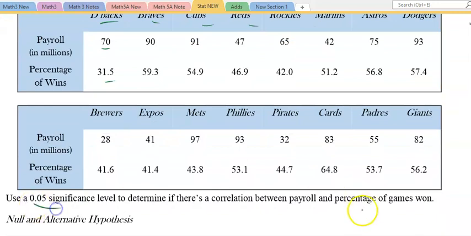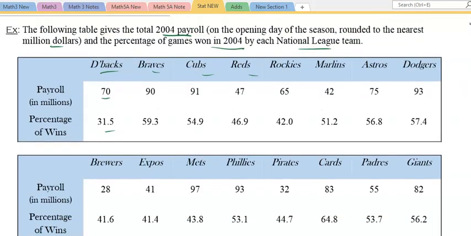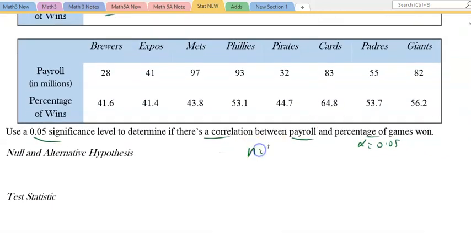Use alpha equal 0.05 significance to determine if there is a correlation between the payroll and the percent of game wins. They're thinking, if you pay them more, would they win more? And how many teams do we have? We have 16 teams. N equals 16, so degrees of freedom will be 14.